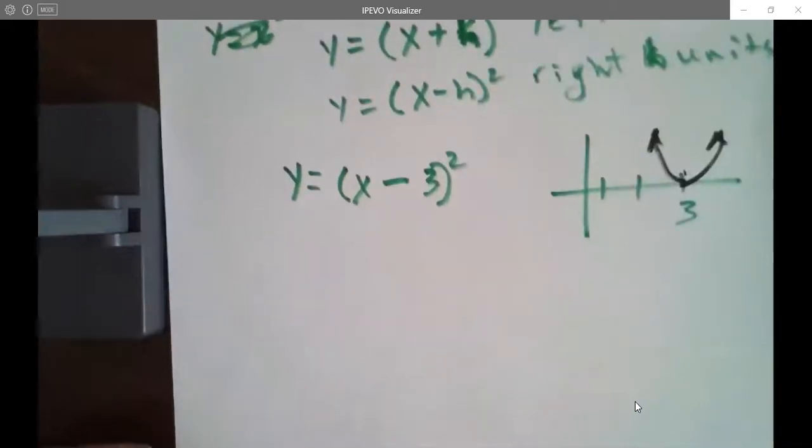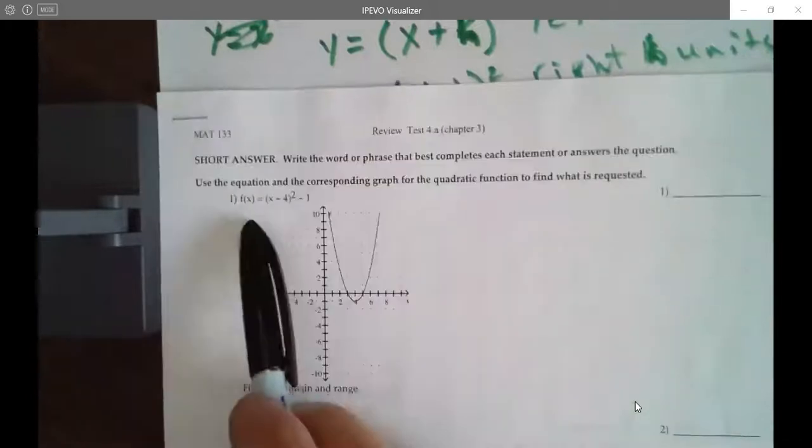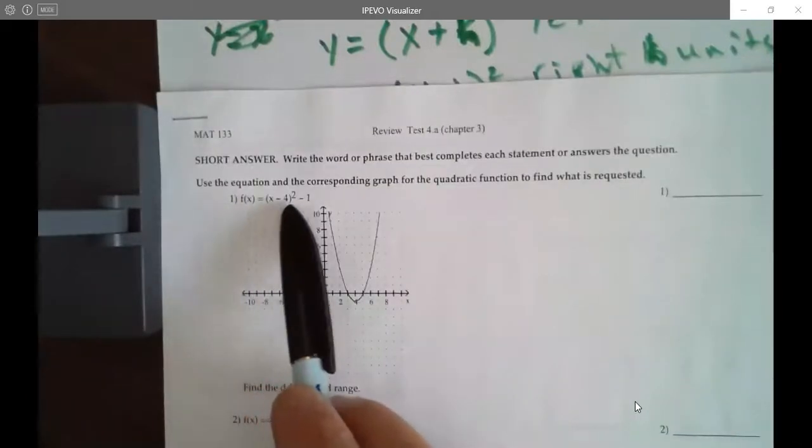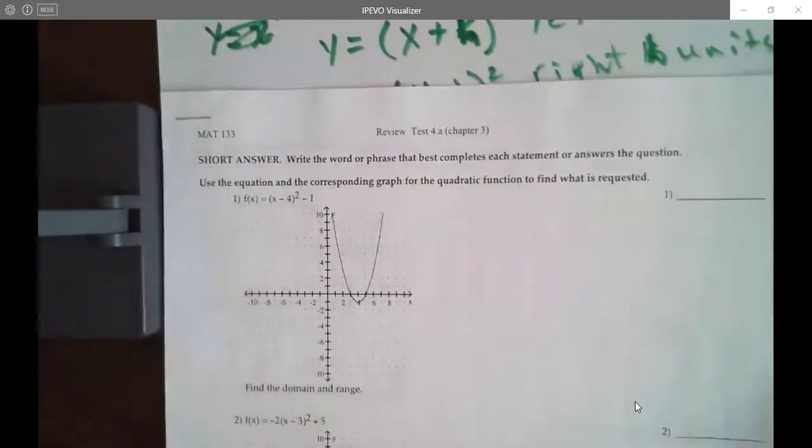And if you have something like this, we have f of x equals x minus 4, parentheses squared, minus 1.